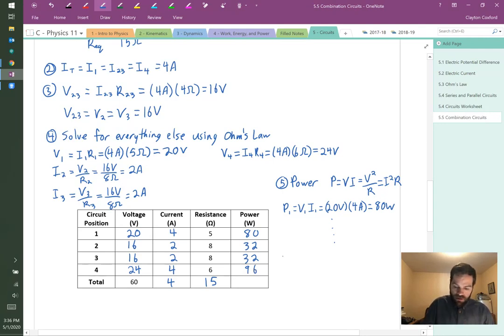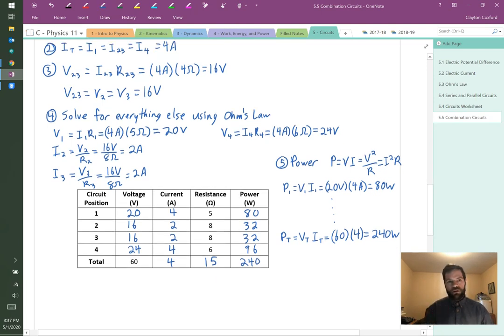Last thing we also want to do is figure out the total power, and this is the power supplied by the battery. This is going to be the voltage of the battery times the current flowing out of the battery, 60 volts, 4 amps. We end up with 240 watts. 240 watts supplied by the battery.